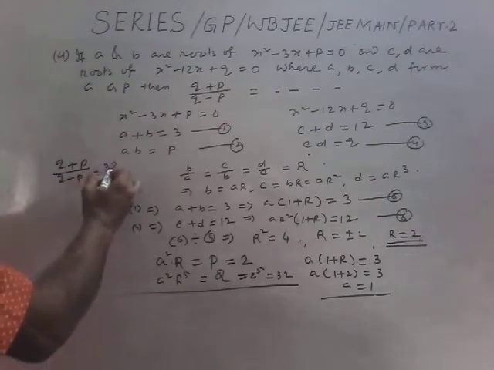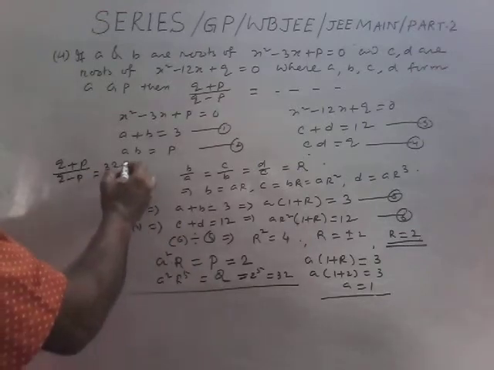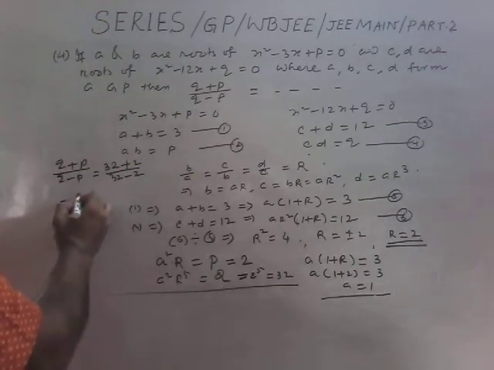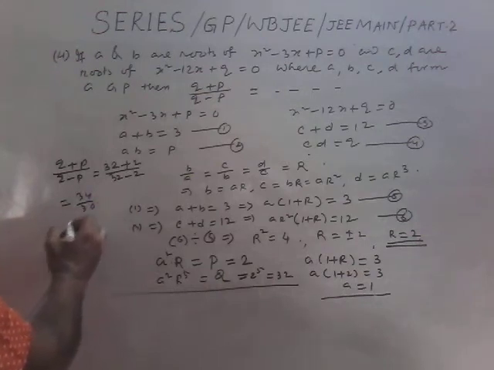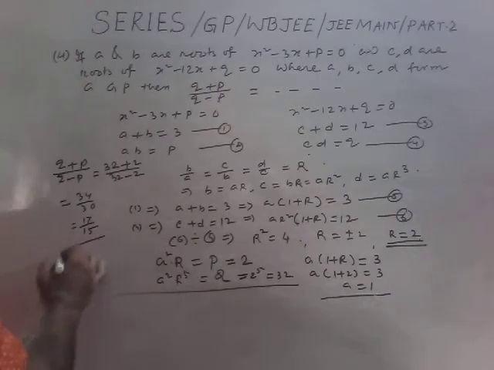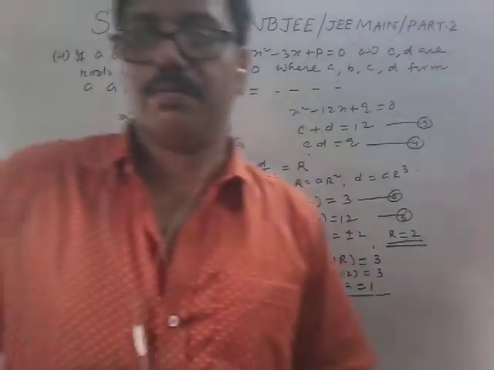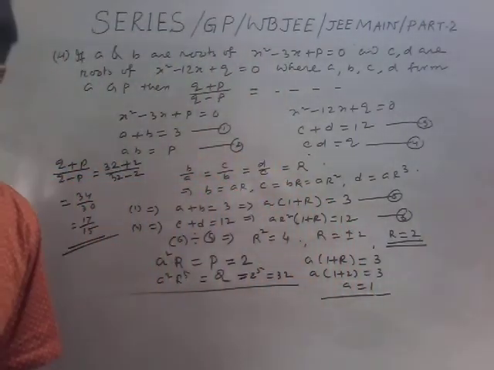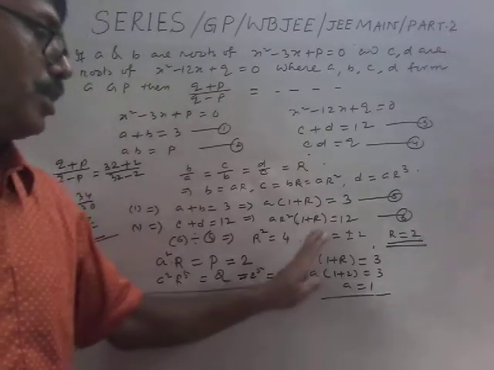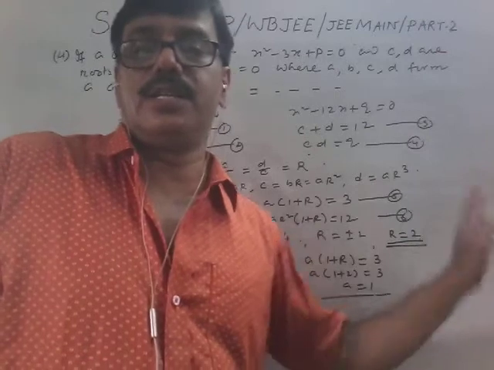So 32 plus 2 by 32 minus 2, so 34 by 30, so 17 by 15. So 17 by 15 is our required answer if we take an increasing GP.